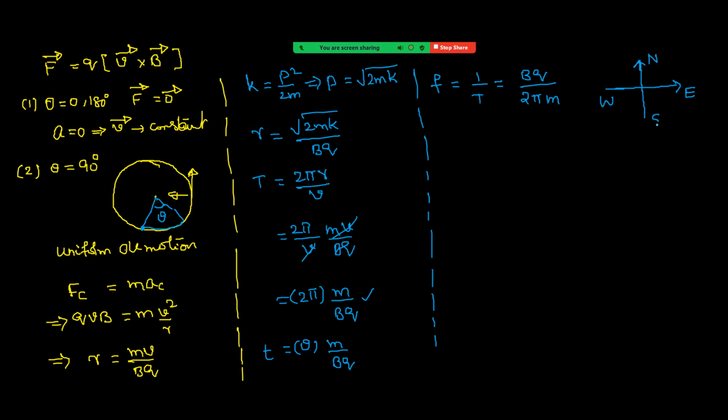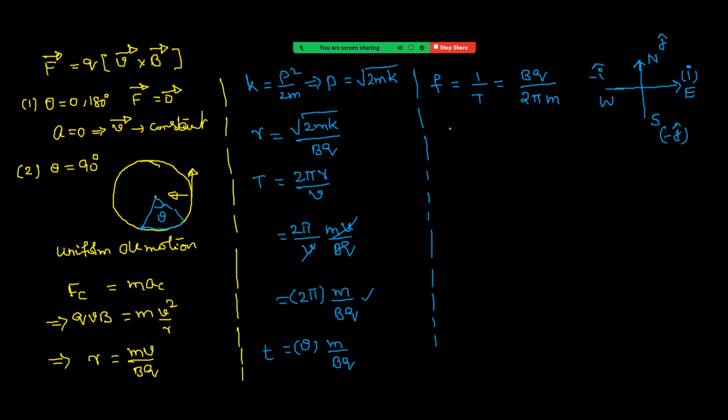Behind us, it is south. Okay. And we are taking east as i cap, west minus i cap, north j cap, south minus j cap.